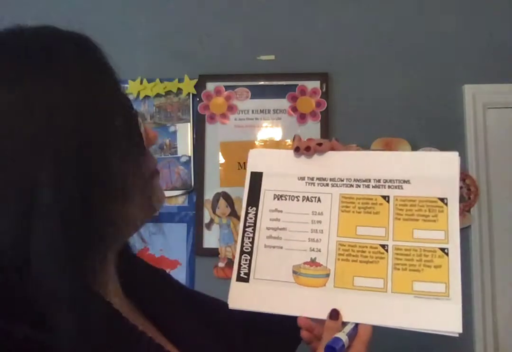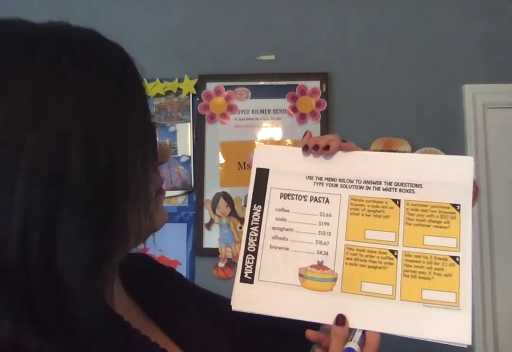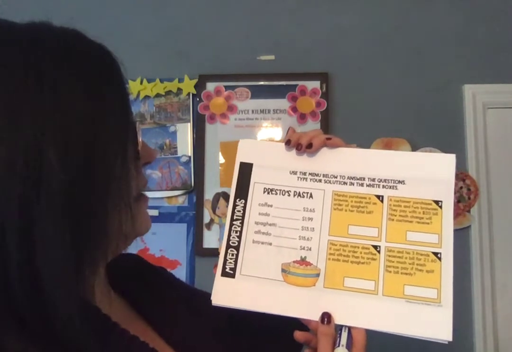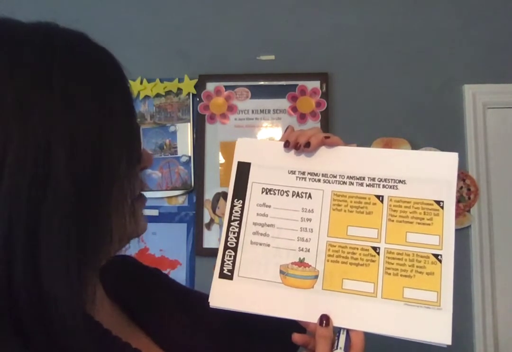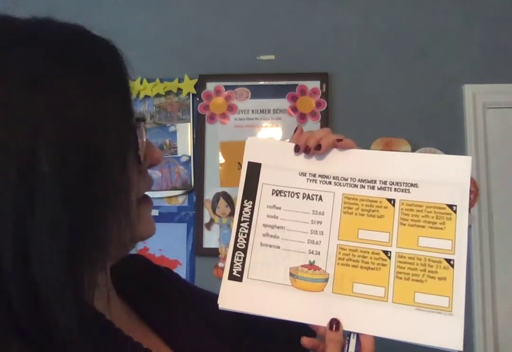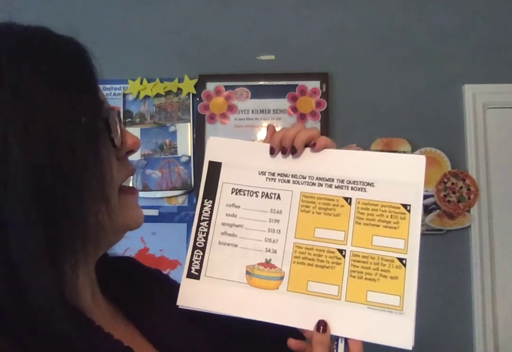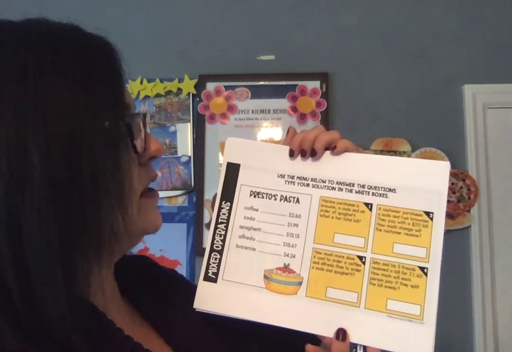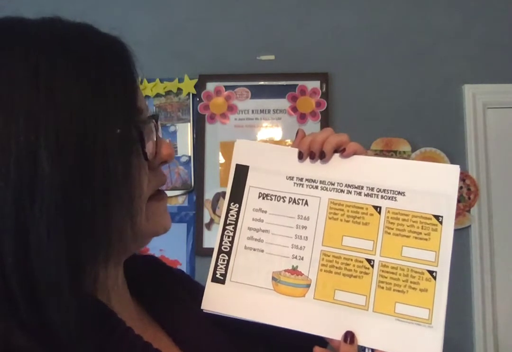Oh, okay. So here on the last page, you're given a menu of Presto's pasta. And you have the amounts for each of these food items: coffee, soda, spaghetti, Alfredo, and brownie. Okay, so let's look at number 1. It says Marcia purchases a brownie, a soda, and an order of spaghetti.